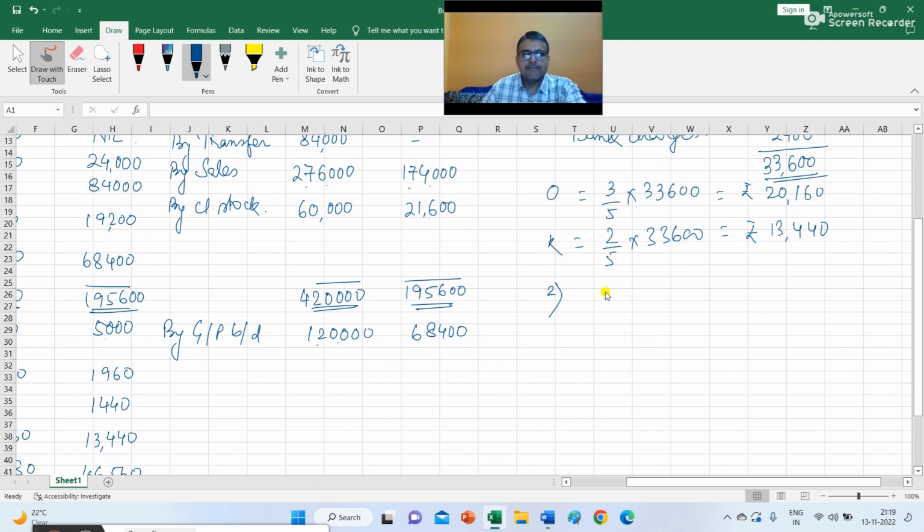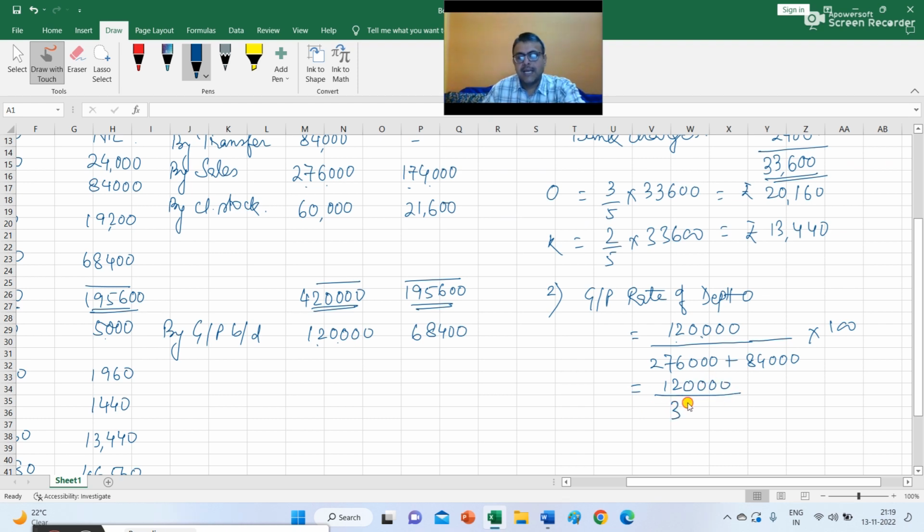So here first we have to calculate the gross profit rate of Department O. So gross profit of Department O is 1,20,000 divided by the sales amount, that is 2,76,000 is the sales to outside, and 84,000 is the amount of sales transferred to Department K. So 1,20,000 divided by 3,60,000 multiplied with 100.